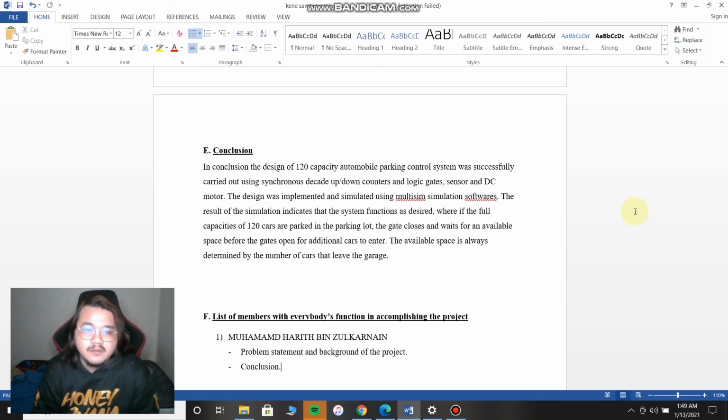The simulation results indicate that the system functions as desired: if the full capacity of 120 cars are parked in the parking lot, the gate closes and waits for an available space before the gate opens for additional cars to enter. The available space is always determined by the number of cars that leave the garage. So this is the conclusion for our mini project.